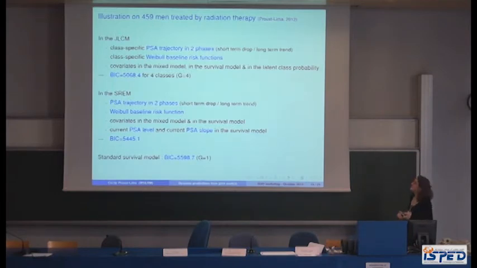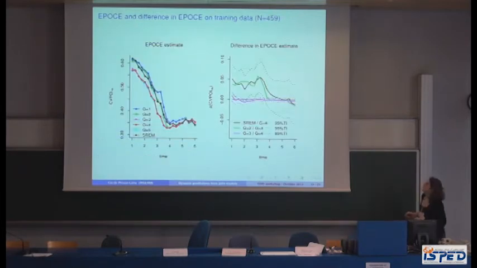But as we discussed before, this is not what we want to do here. We want to focus on the dynamic prediction, so the ability to model the risk of event. So it's not because we had this important difference that the predictiveness of this model will be better than this one. So we evaluated that using the EPOS criterion.